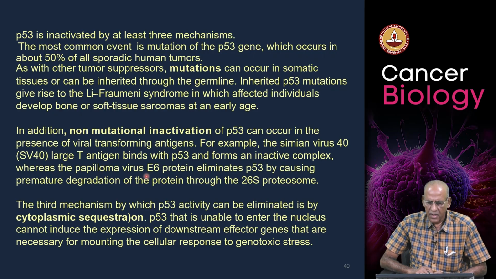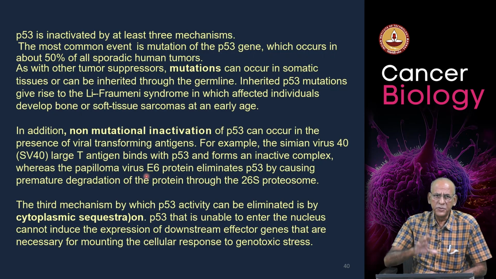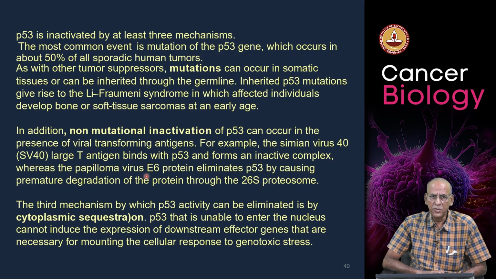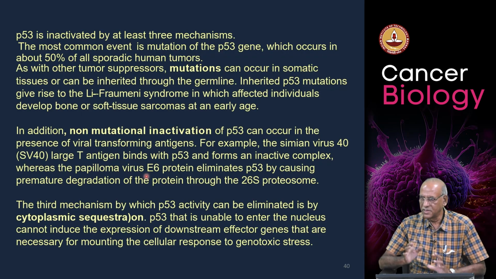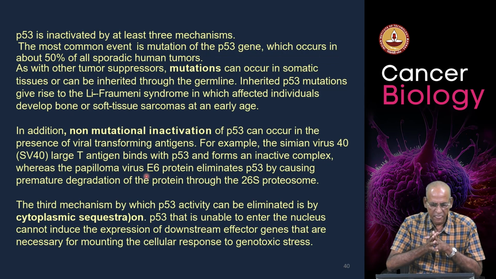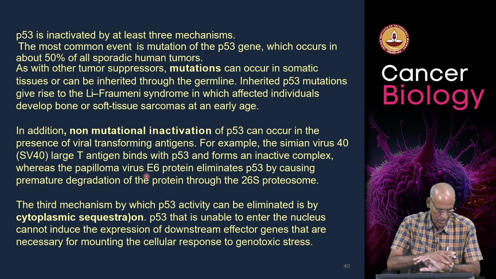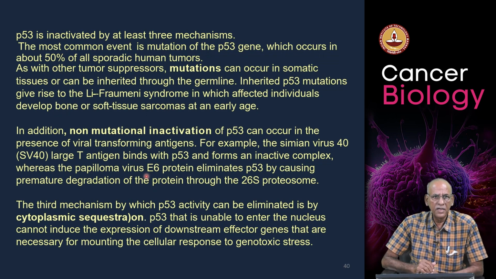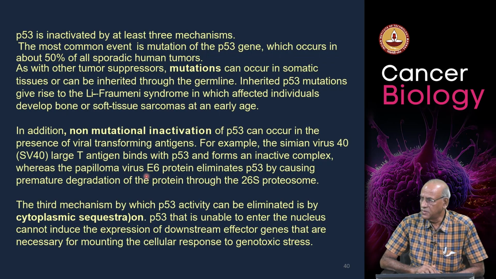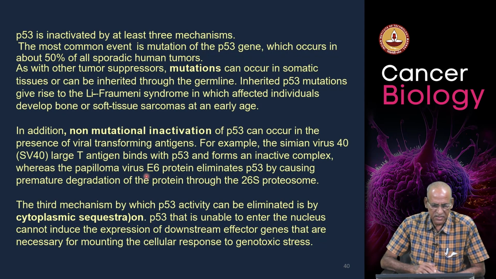Since it will be confusing to you, I have tried to give only 3 mechanisms, so that it is easier for you to understand. p53 is inactivated by at least 3 mechanisms. The most common event is mutation. That happens in more than about 50% of all human cancers, I told you.